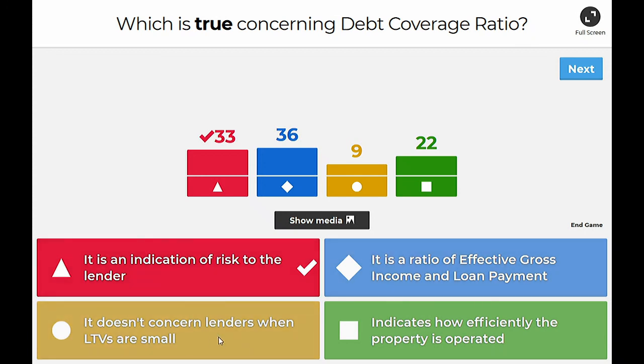And it does concern them even if loan-to-value ratios are small, which is even worse. If your debt service is very small and your debt coverage ratio is still, say, within 1.3, that means you don't generate much income even with a small debt service.